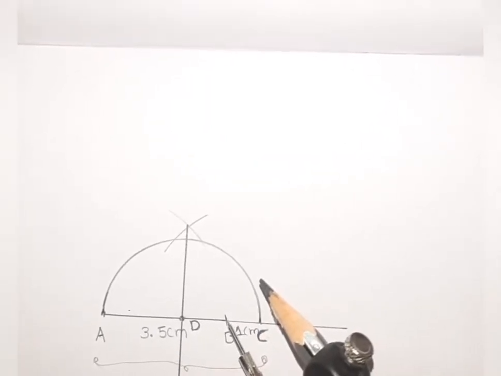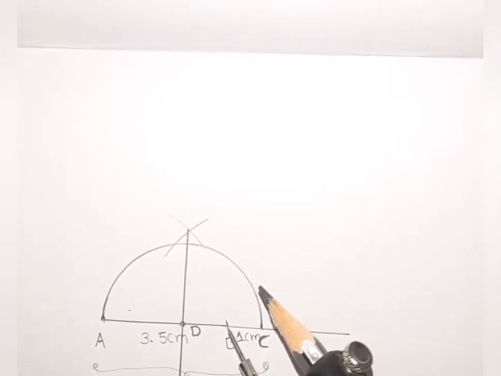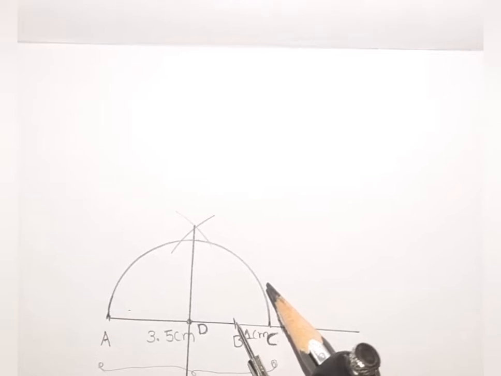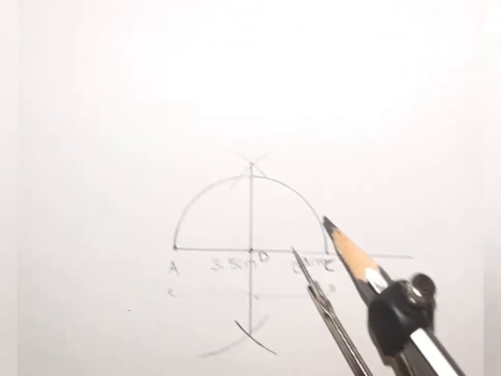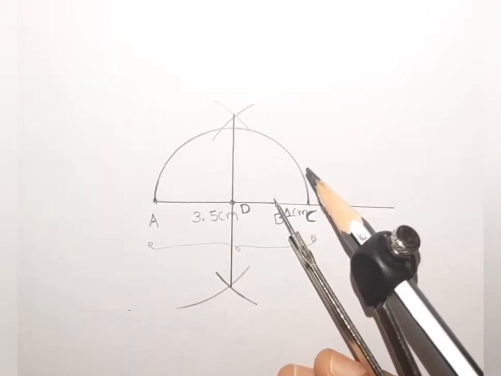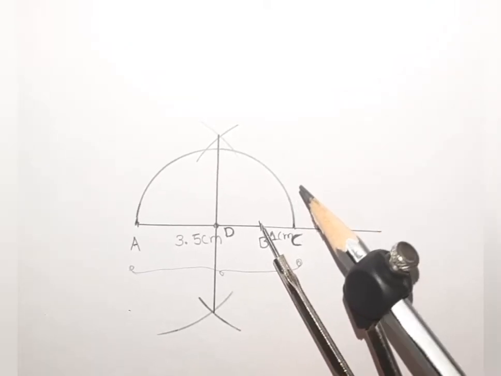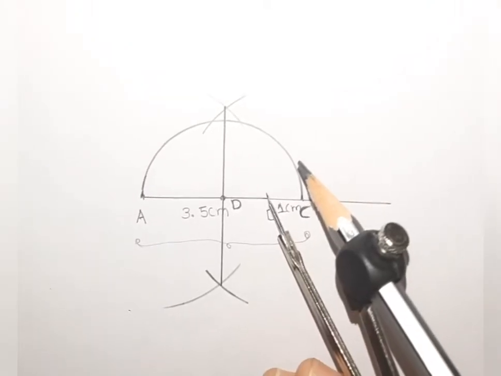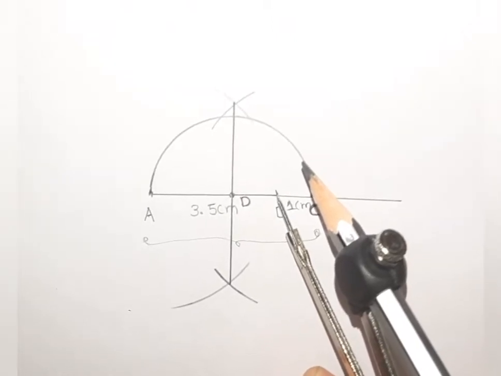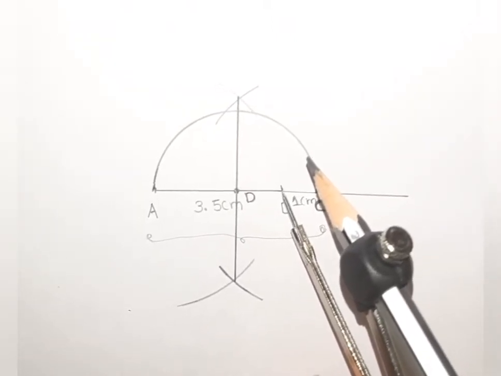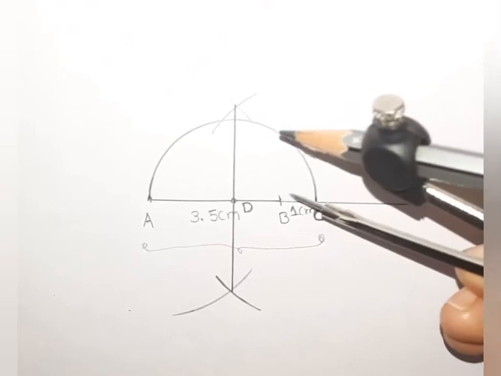From this B point, we will draw a perpendicular bisector, or we can say that at B point we will construct the 90-degree angle. This 90-degree angle construction we already learned in the previous video. If you don't know, I will give the link in the description box. Just check the construction of 90-degree angle.